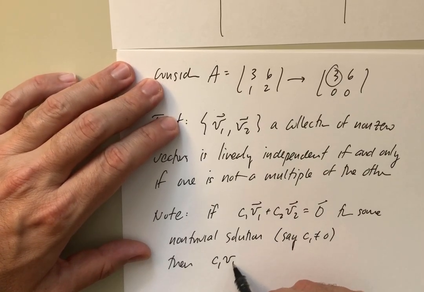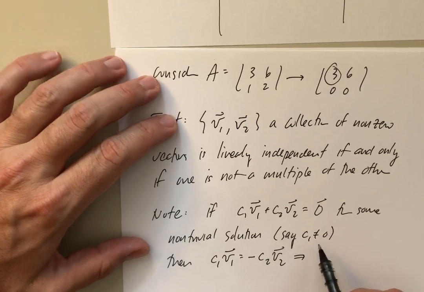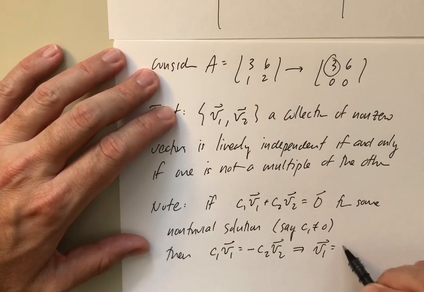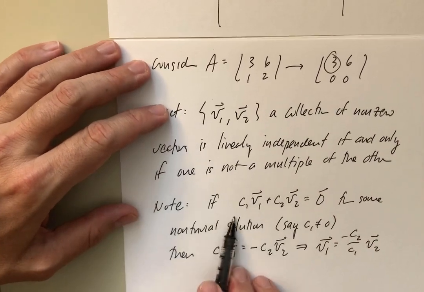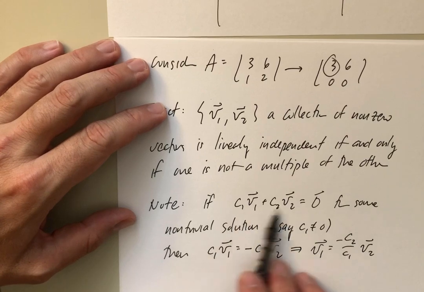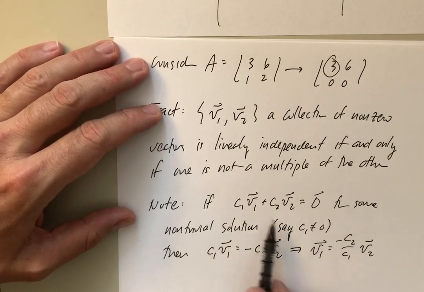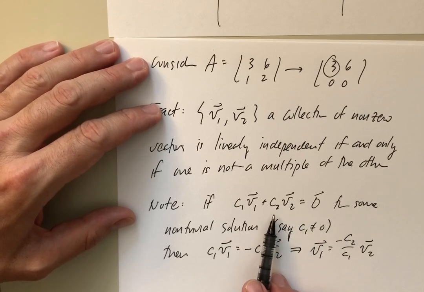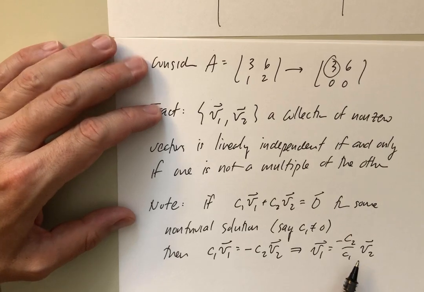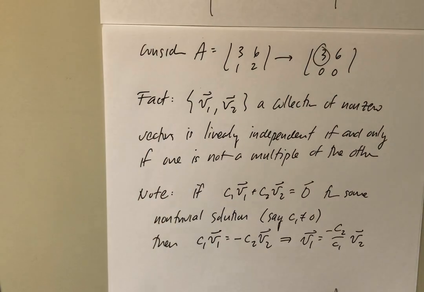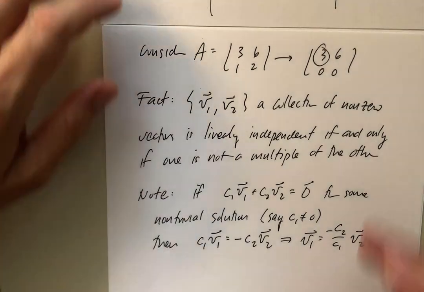You can say c1 v1 equals minus c2 v2, and then divide by c1 to say that v1 is equal to minus c2 over c1 times v2. So if this is a dependent set, if you have a linear dependence among the vectors, in other words a non-trivial solution to this vector equation, then v1 is in fact a multiple of v2. So dependence implies that. Okay, so that's the case with two vectors.